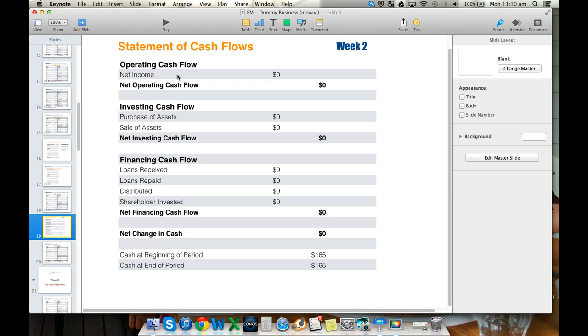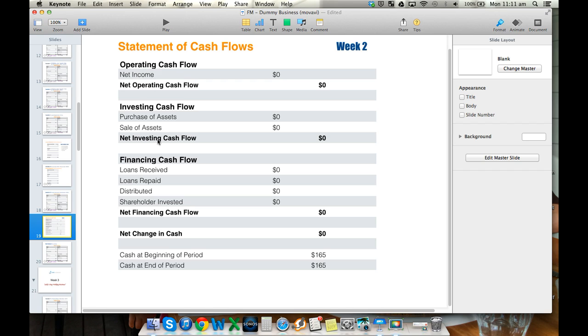You've got investing cash flow, which is buying and selling of assets. Think of assets as physical goods that are used in the operation of the business. You've got financing cash flow, which is the borrowing and paying back of money.